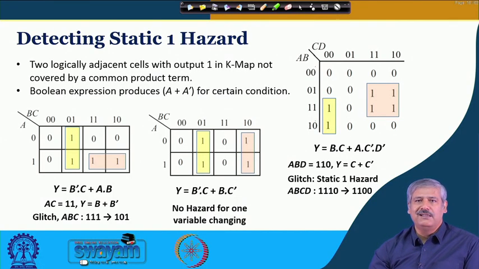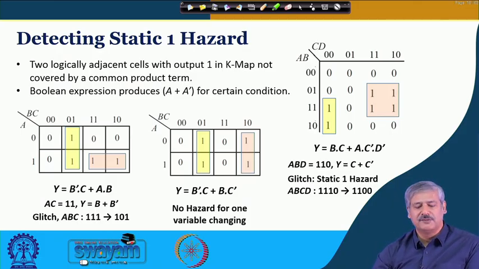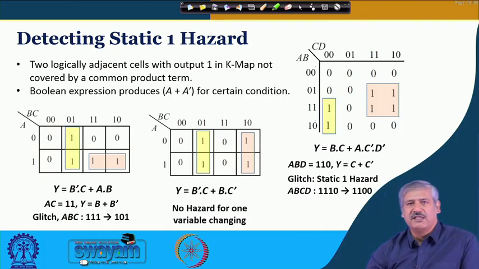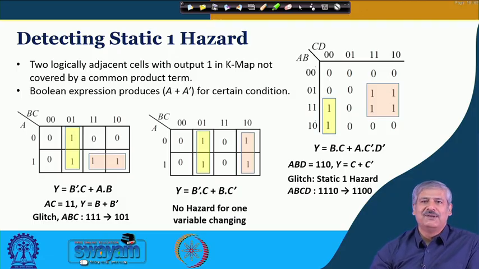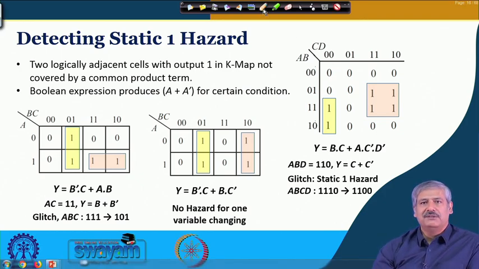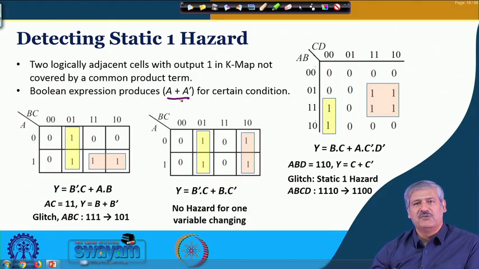Now, how can we detect a static 1 hazard? Is there any rule for that? Yes, there is a method by which we can detect a static 1 hazard, and later on we shall see how we can cover those hazards and make the circuit hazard free. We have already noted that the Boolean expression finally reduces to something like A plus A prime for a certain specific condition of the input.